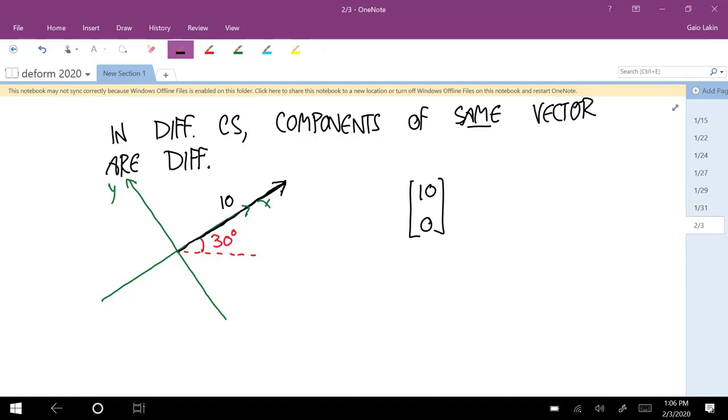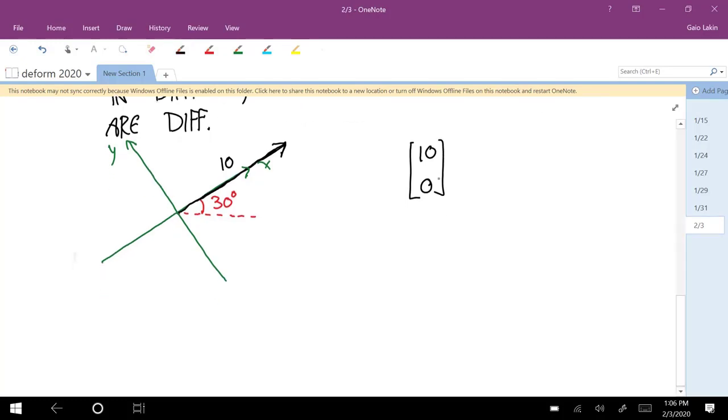And so the idea of a rotation matrix, I mean, this we just did by reasoning it out.